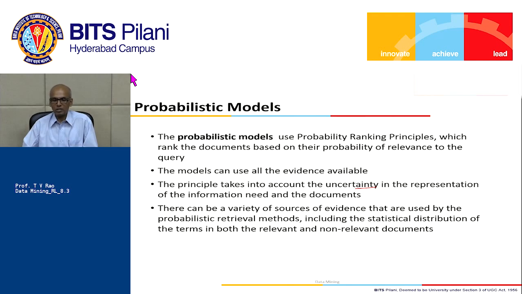For example, mining doesn't tell you exactly whether somebody is interested in coal mining or data mining. So the sources of evidence can be wide ranging, and can also include the statistical representation of the terms coming from the relevant documents or irrelevant documents.